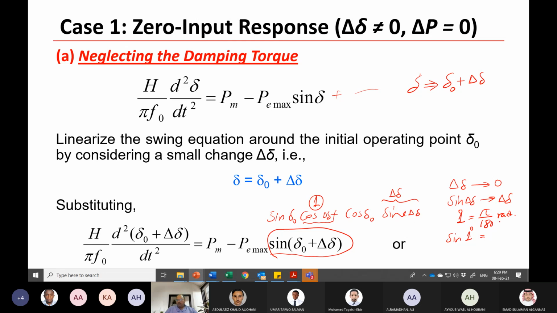The value is about 0.01 something, and the sine is also the same. Same angle in radian. So sine delta delta is equal to delta delta if delta delta is very small, but of course in radian, not in degrees. You can do such an approximation to simplify this equation.